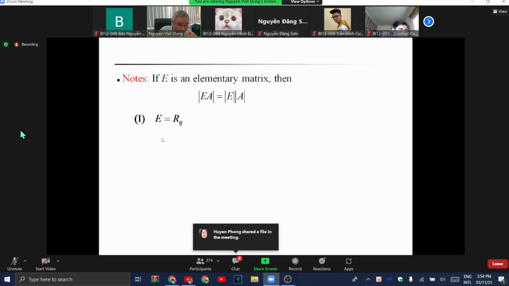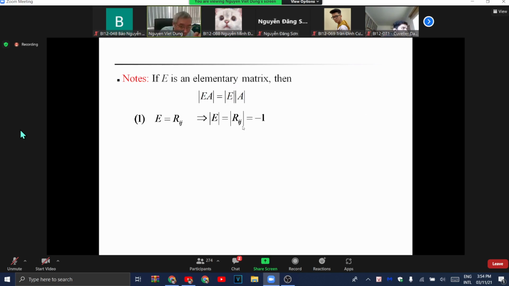The first one is E equals the first kind of elementary matrix Rij. I gave you the form of Rij, so we know exactly that in that case the determinant of E equals -1. You can look back at the earlier slide and you will see that the form of Rij has determinant -1.